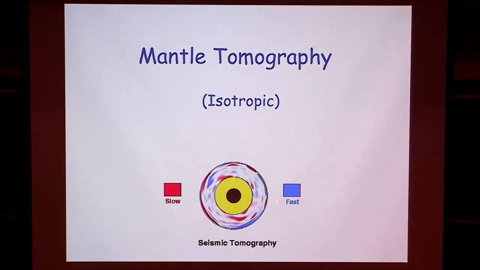To first order, the temperature effects may be larger, so we transition very quickly to this interpretation in terms of temperature, but the caution is that, in fact, velocities depend not only on temperature, but also on composition. So the color scale is kind of inspired by this idea.